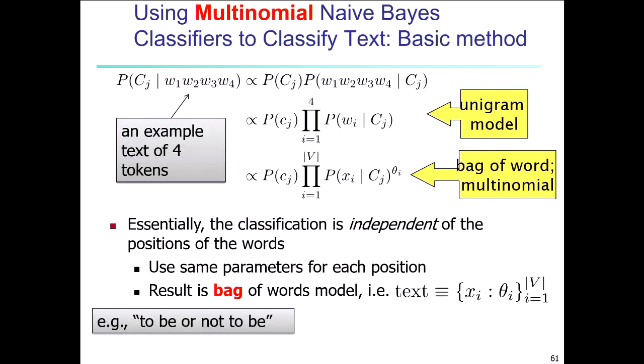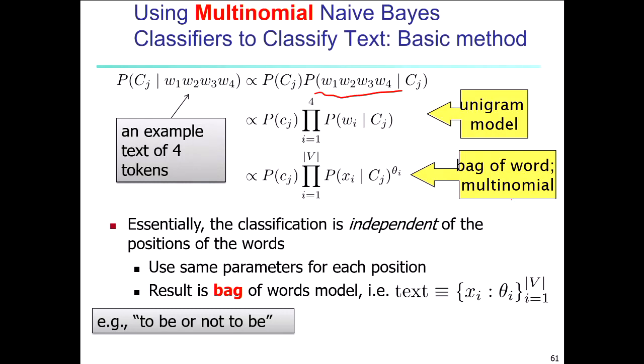Then the probability of each class is done as a class-specific unigram language model, where when we compute, let's say, here's an example of a text with 4 tokens. So the probability of Cj given this W1 to W4 is proportional to probability of Cj, which we can easily estimate, times the probability of W1, W2 to W4 given Cj.